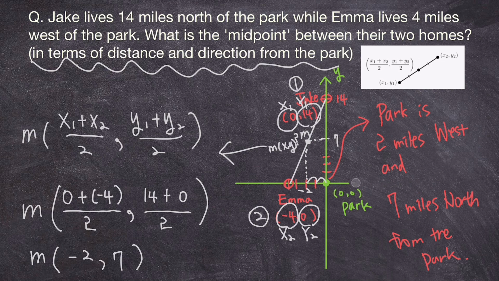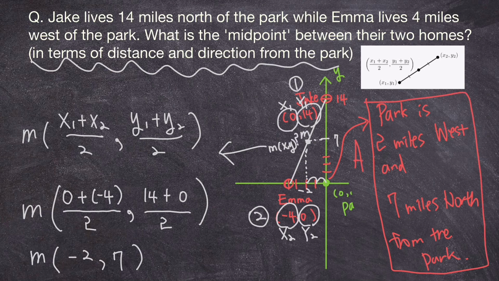So I'm going to box it and put an A to that to indicate that that sentence indeed is going to be my final answer to this word problem. Okay, so I'm very excited to have shown you how to use the midpoint formula for a practical problem like this.